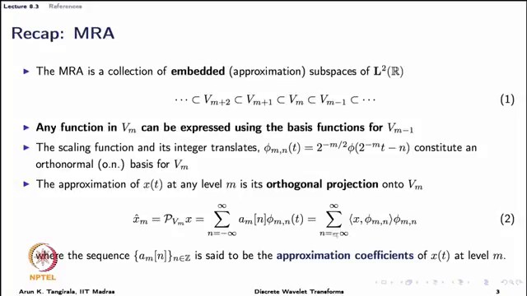So, this is the expression that we use for computing the approximation, and the approximation coefficients are computed as the inner product between x and the basis functions. We will see a similar expression for the detail component that is left out as a result of this approximation, where we will have what are known as detail coefficients and the scaling functions would be replaced by their corresponding wavelet counterparts.